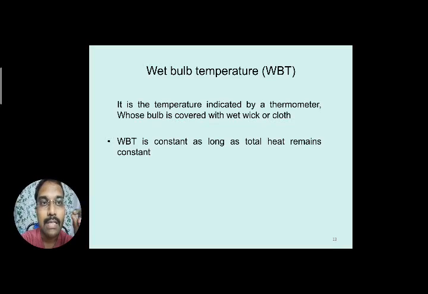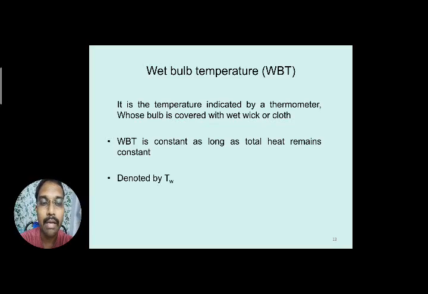Here this WBT is constant as long as the total heat remains constant. Whatever the total heat is, if it remains constant, wet bulb temperature will show a constant value for a longer time. If the total heat value changes, the WBT will also change.